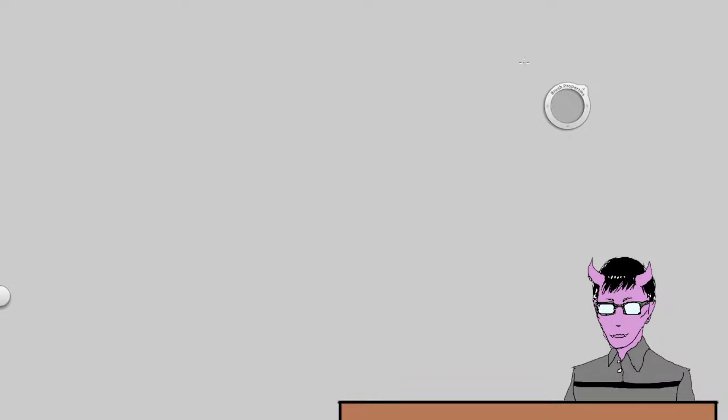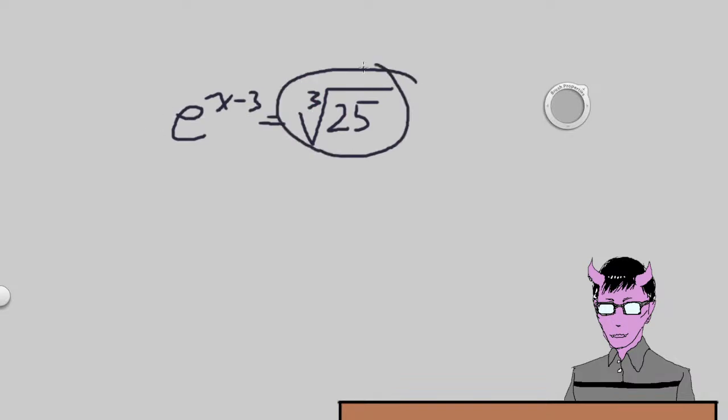Next problem up. We have e to the power of x minus 3 is equal to cubic root of 25. This seems much easier. I think we've regressed in difficulty, but that's okay. Take a quick survey. Of course, we have a constant on the right hand side. We have constant base with a letter trapped in the exponent.